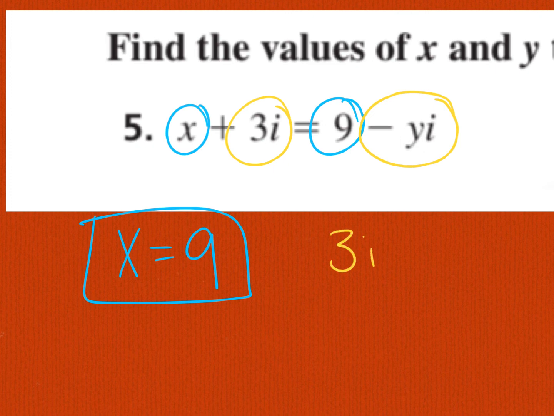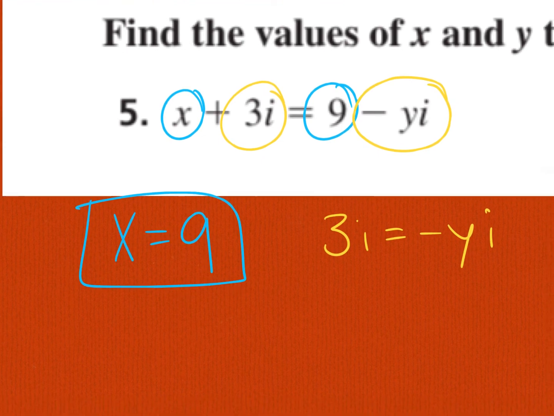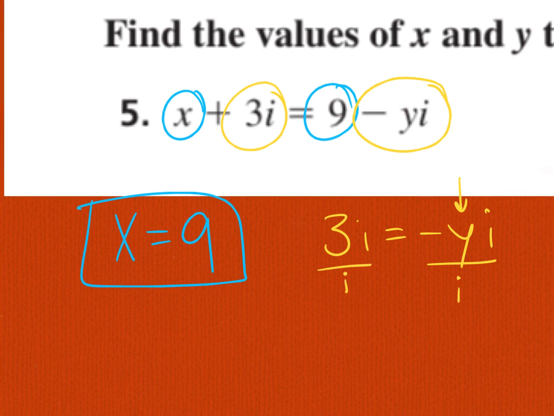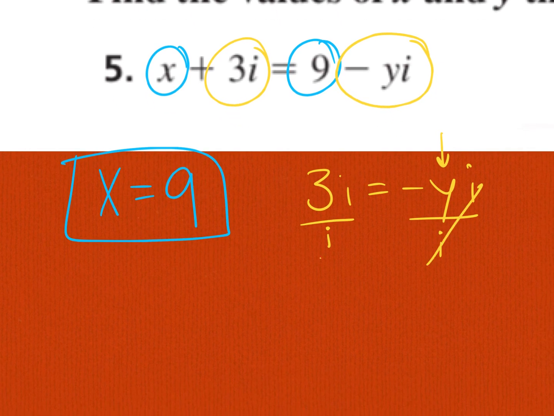So 3i is equal to negative yi. Now again, I want to solve for y, so how do I get y all by itself? I can divide by, let's do one step at a time, but you could do them both together, that's fine. I'm going to divide both sides by i, so they cancel. So I have 3 is equal to negative y.